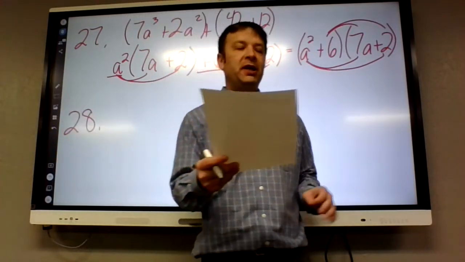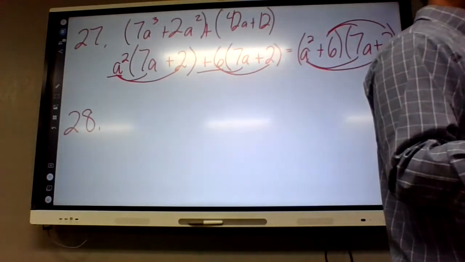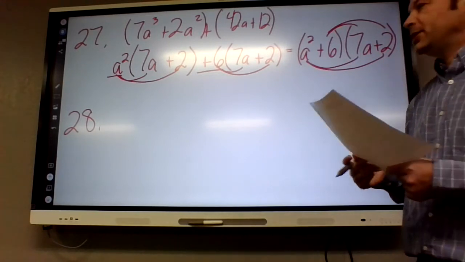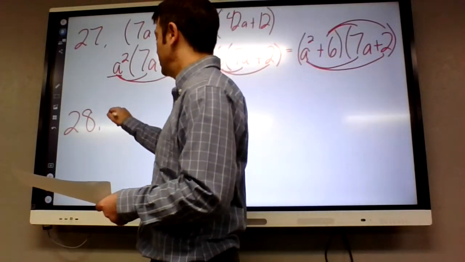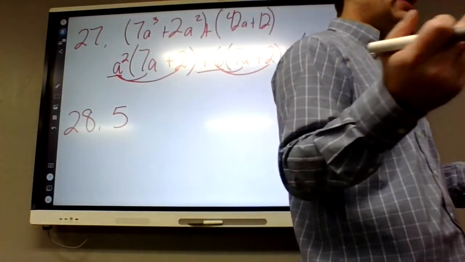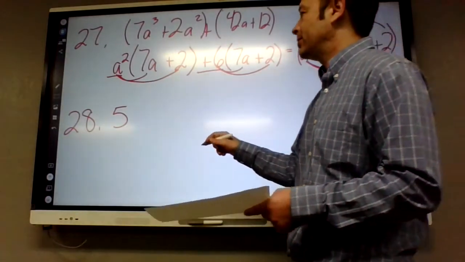Okay, on 28, the first two terms, what comes out of both of those? 5p squared. Are you looking at where you got that from? 10 and 5 can go into both of them, and they both have at least a p squared.